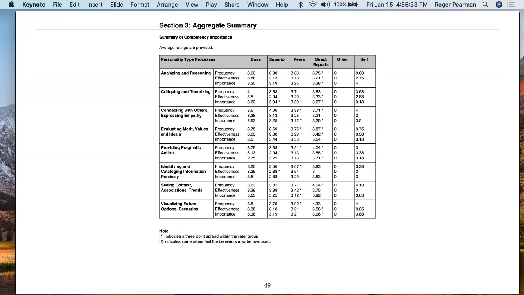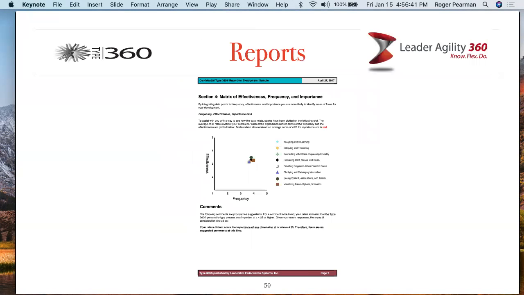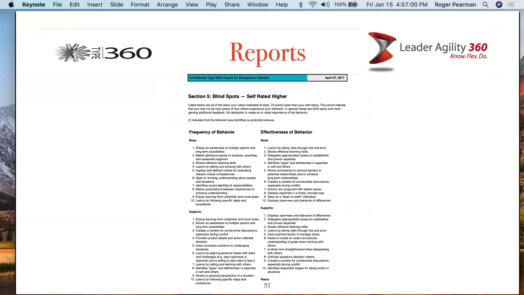And when people were asked if something is overdone in a behavior, an exclamation point might show up on the report. There's another matrix element in the report that plots how the various functions or competencies show up, and that's useful for discussing how something is seen and how effective that behavior tends to be.